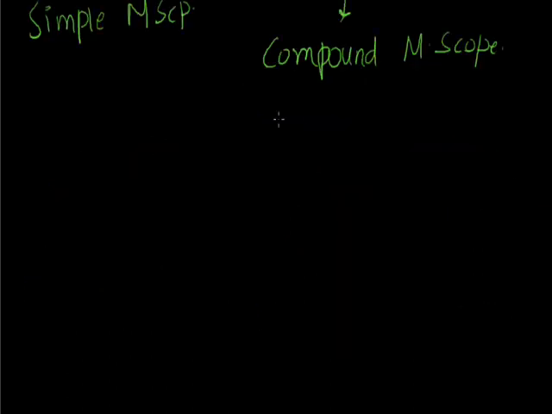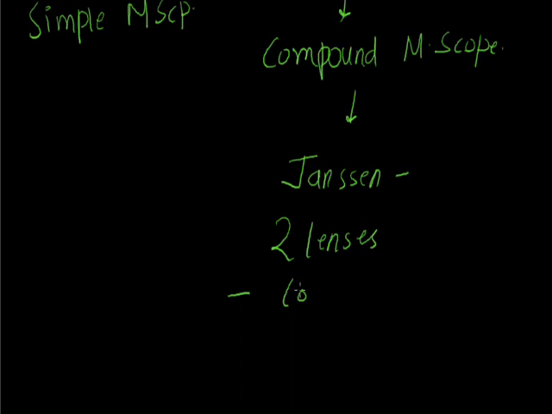So the first microscope invented by the Jensen brothers was a compound microscope. They used two lenses. One lens was concave and another lens was convex.